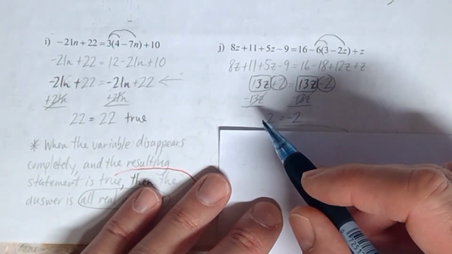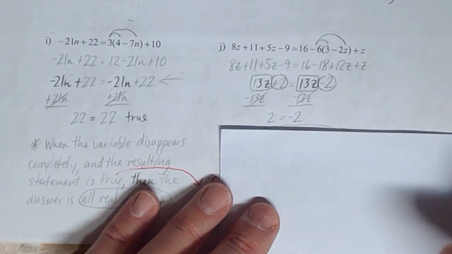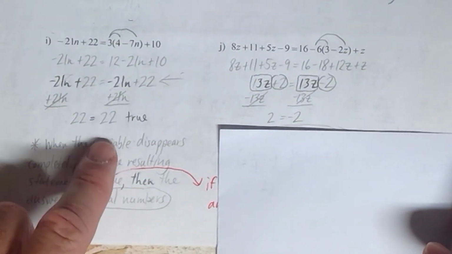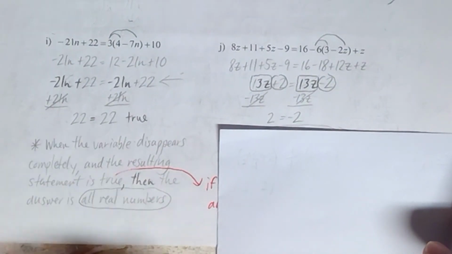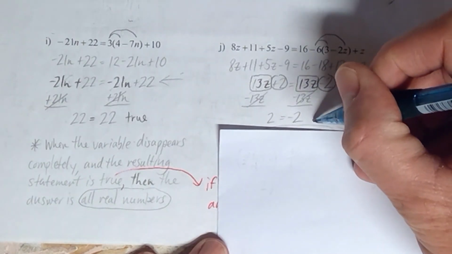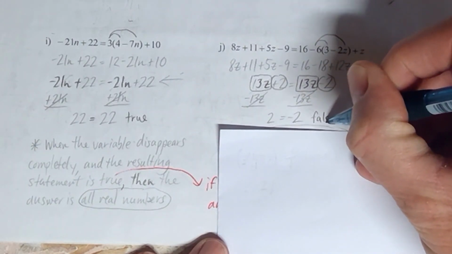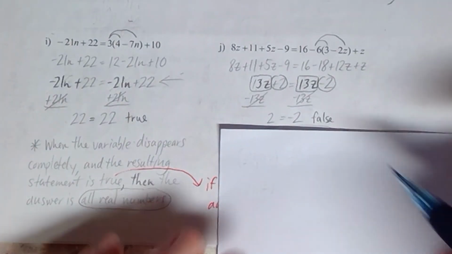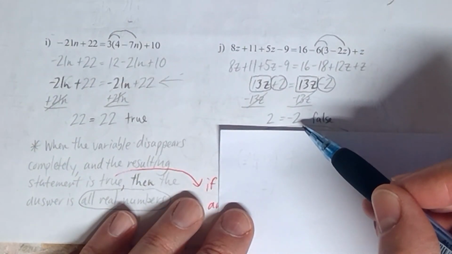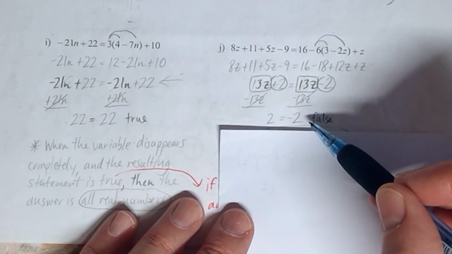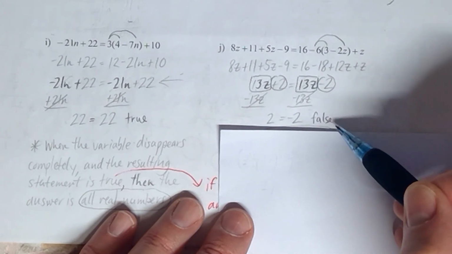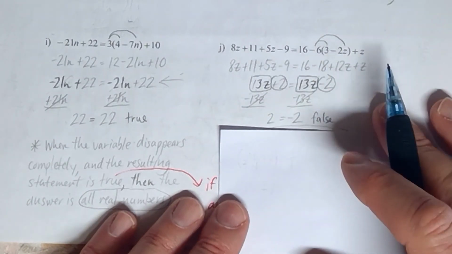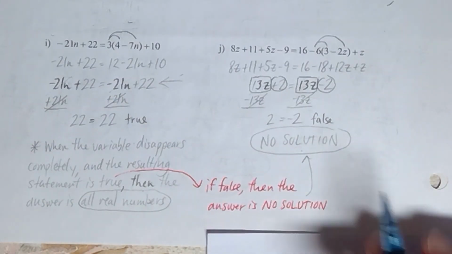You're just left with these two numbers, no variables left: 2 equal to negative 2. So same thing as over here, the variables disappeared. But the difference is what? The difference is 2 and negative 2 are not equal. If I said 2 is equal to negative 2, I would be saying something that's false, right? This is false.